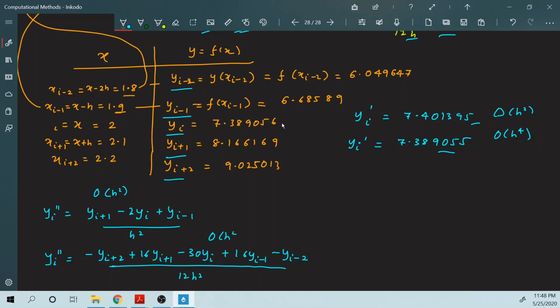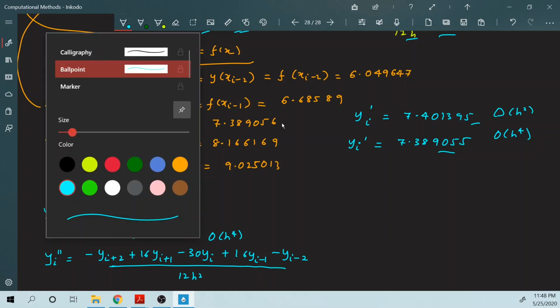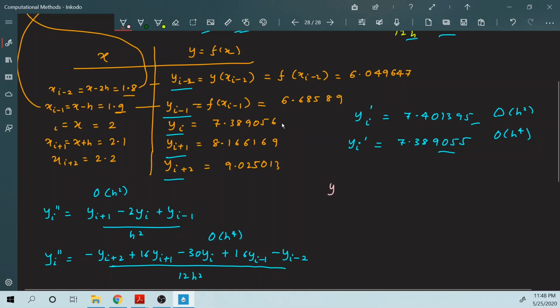This is of order h raised to 4. So the good thing is for second derivatives we have already calculated the required values of yi minus 1, yi plus 1, yi minus 2, yi plus 2. So we just have to substitute the values. So once you substitute the values, you'll find out the value of the second order derivative is, and this is.